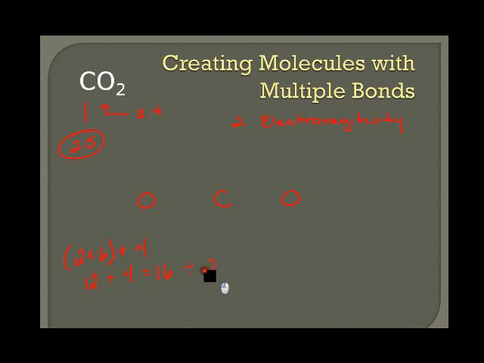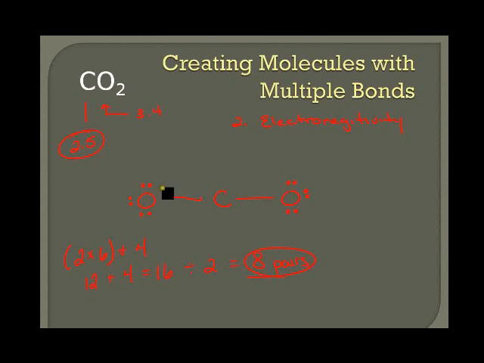To determine bonding pairs, we divide that by 2, so we have 8 pairs of electrons to place. So we bond our central atom to our terminal atoms, and then assign remaining pairs to our terminal atoms. So 1, 2, 3, 4, 5, 6, 7, 8.